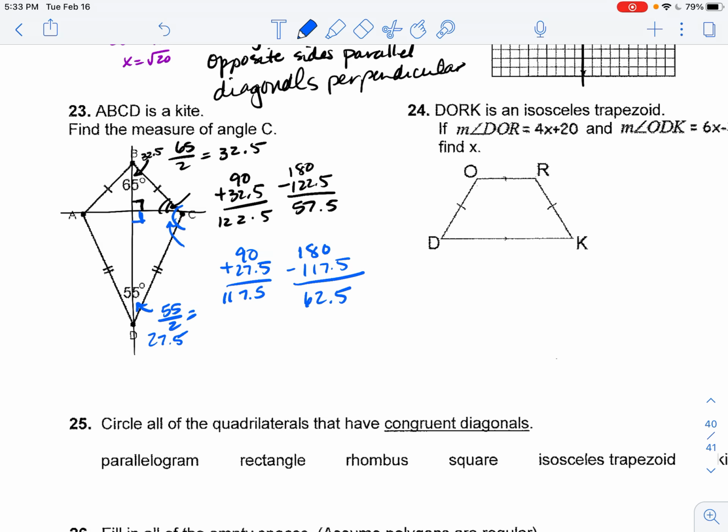That gives us 62.5. So this angle here is 62.5. The angle previously we found was 57.5. We need to add these two up to get the whole angle C, and that would add to 120.